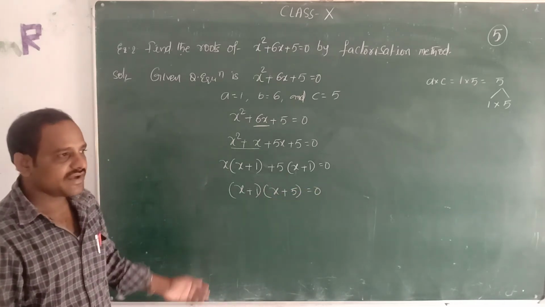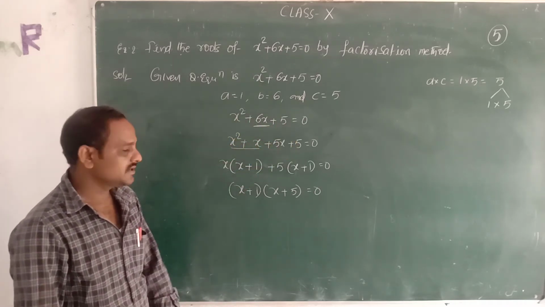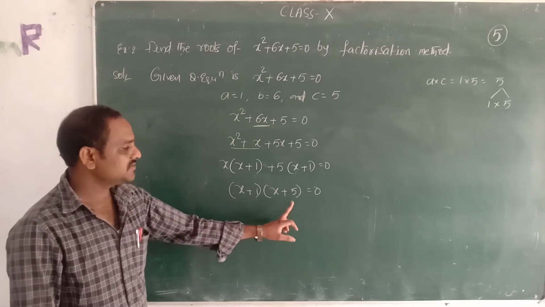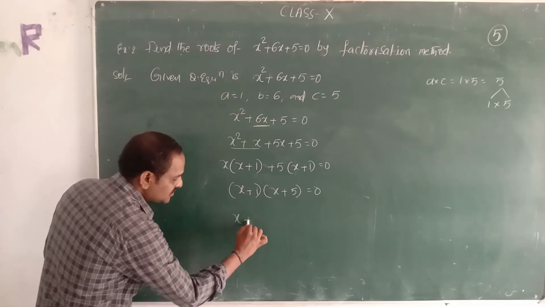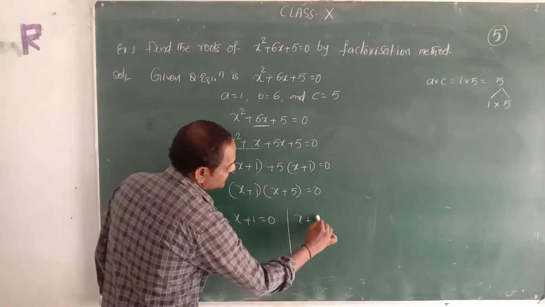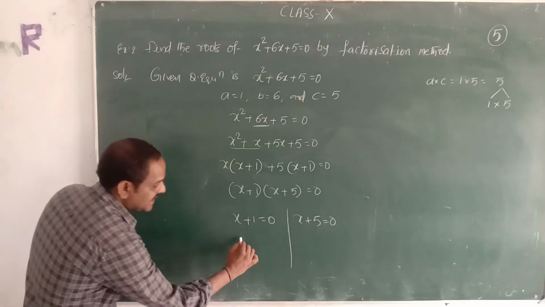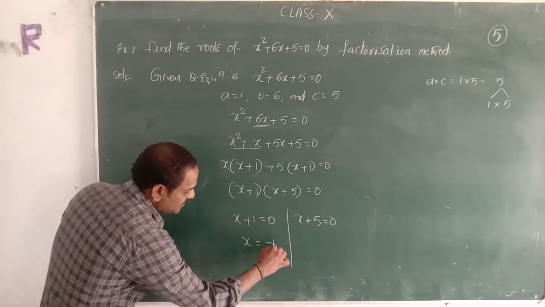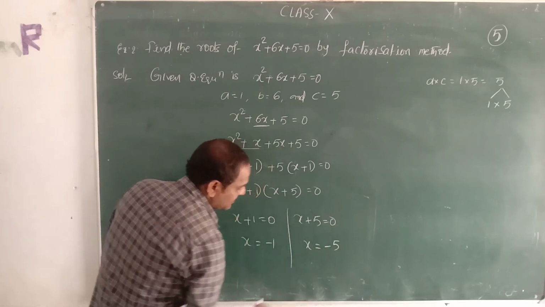So now we got the factors of x square plus 6x plus 5 as x plus 1 and x plus 5. So once we take x plus 1 equal to 0 and x plus 5 equal to 0 another time. So x is equal to plus 1 becomes minus 1, and x is equal to plus 5 becomes minus 5.